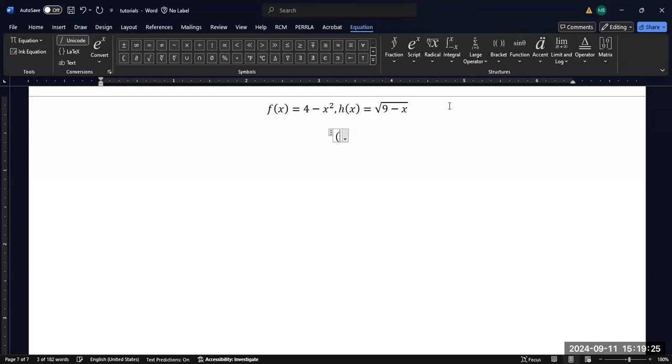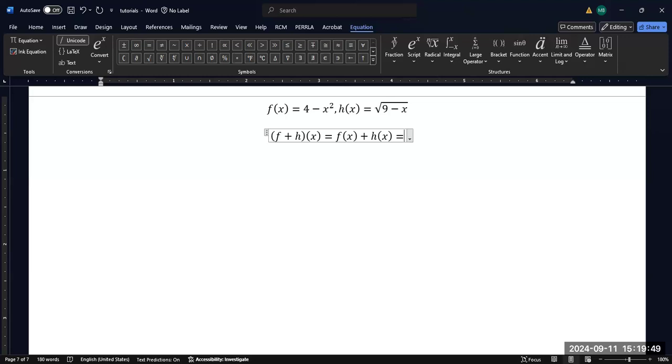Now, another thing to keep in mind about these operations is the function notation. So if I write an expression like this, f plus h of x, what I'm actually saying is calculate f of x plus h of x, put them together as a single function.